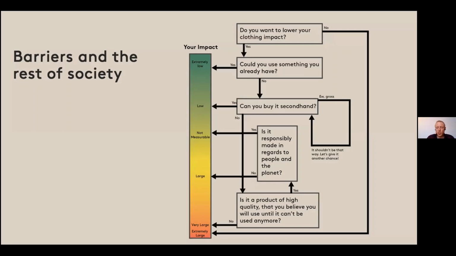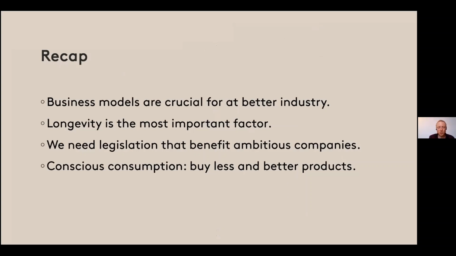So we need consumers that are more conscious and more resistant to greenwashing and that use this fabulous flowchart to guide their decisions. So just to recap, I'm almost done here. Business models are really crucial for creating a better industry and creating a lower impact.